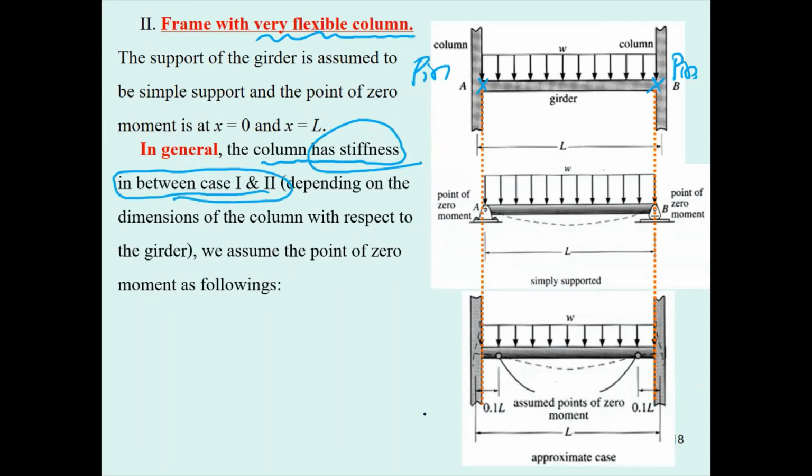That means the inflection point can be the average between case number 1 and case number 2, and let it be just 0.1 L.